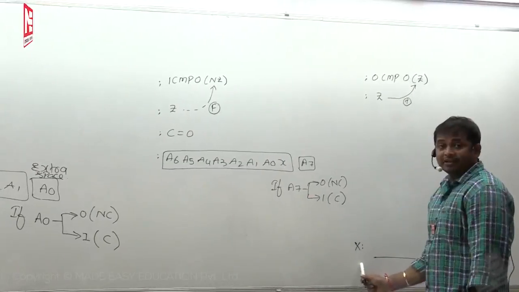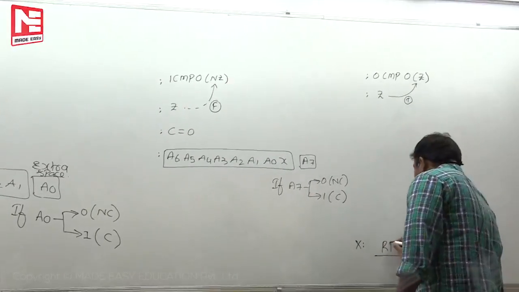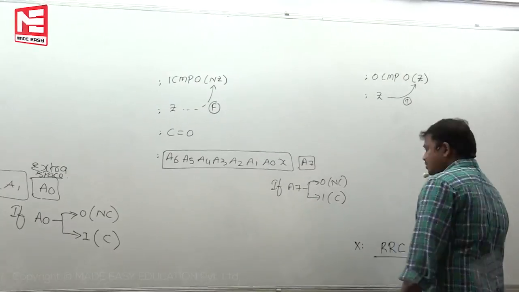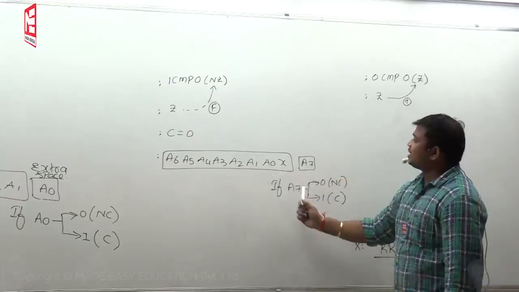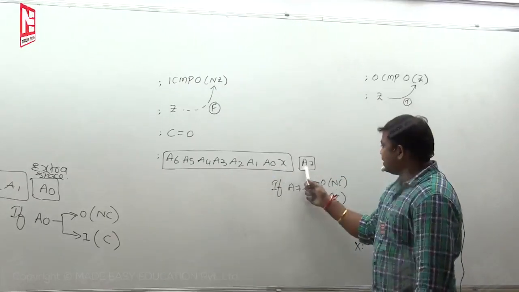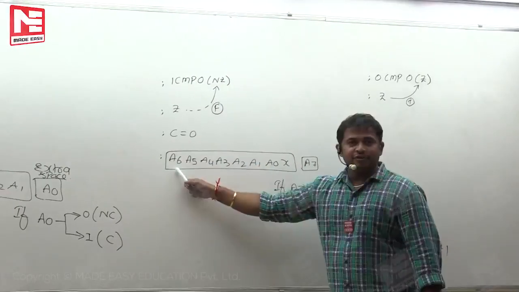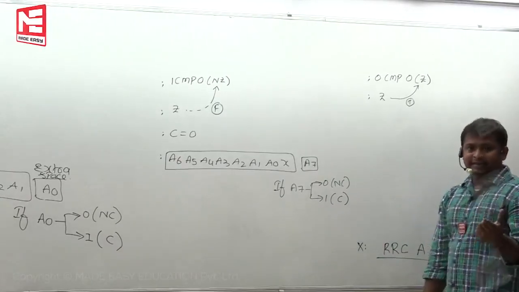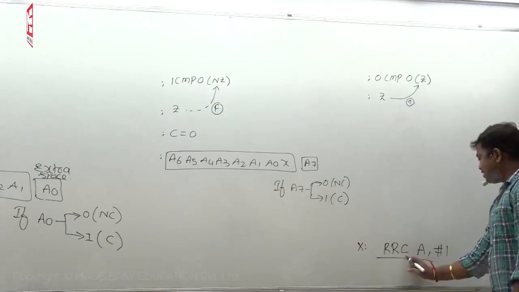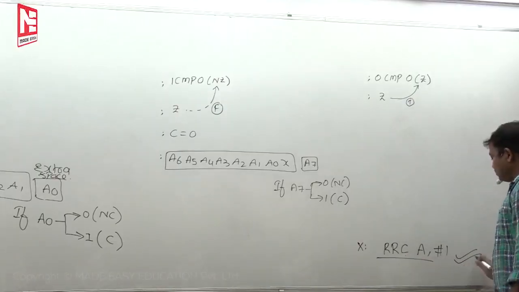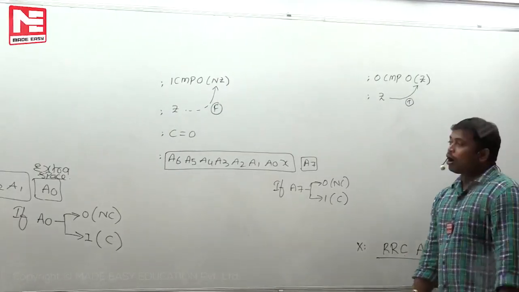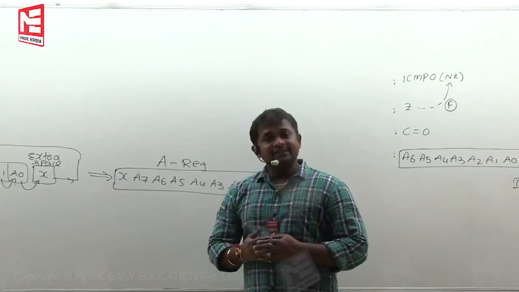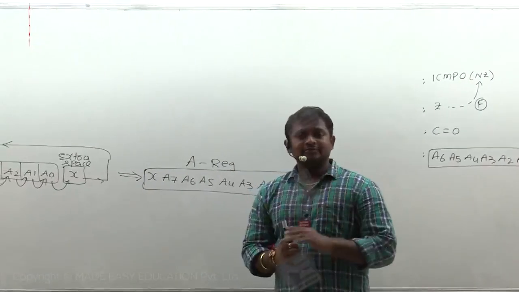In the X location, what instruction is required to get the initial value? RRC A, #1. Again, if we apply the rotate right, the extra bit comes here, and A7 is moving to the original place. So to get the initial value into the A register, put the RRC instruction here. Got the point? So the objective of this program is reading the A register data bitwise.